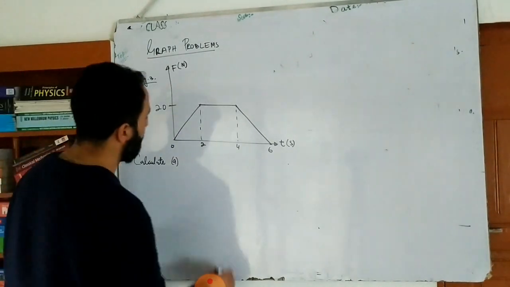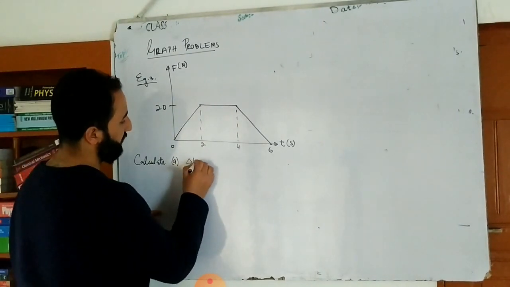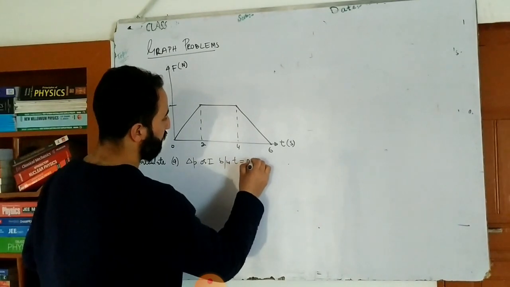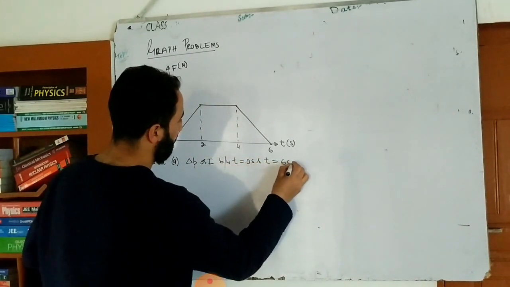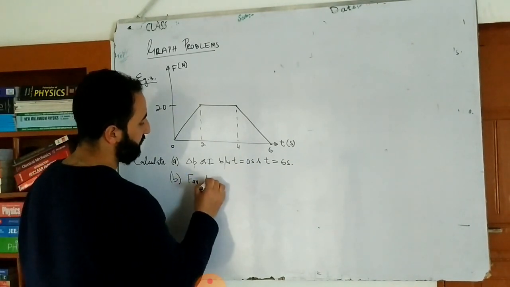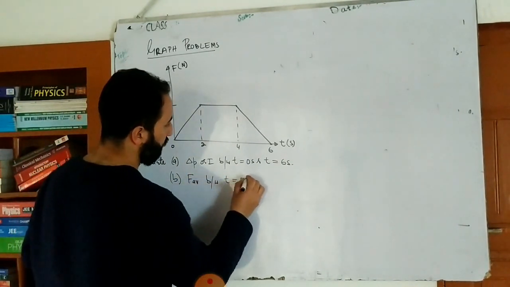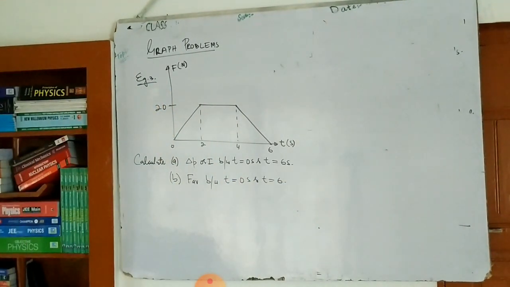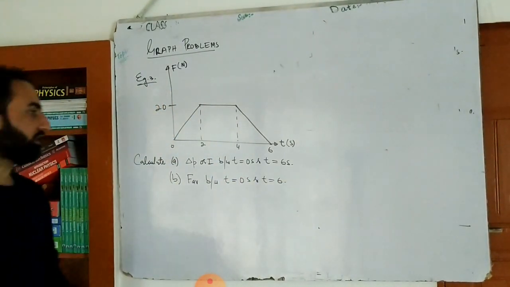A part is that you have to calculate the change in momentum, delta P, or impulse between T equal to 0 seconds and T equal to 6 seconds. And part B is to calculate the average force, F average, between T equal to 0 seconds and T equal to 6 seconds. So you have to calculate the average force and the impulse or the change in momentum.